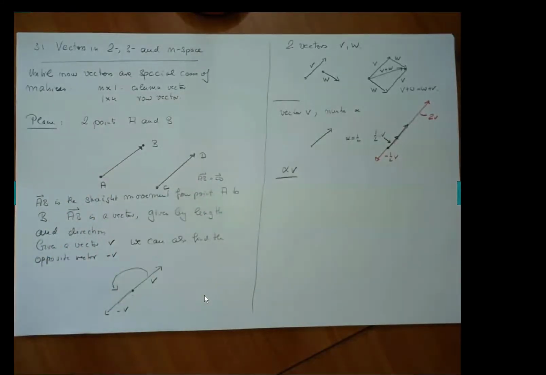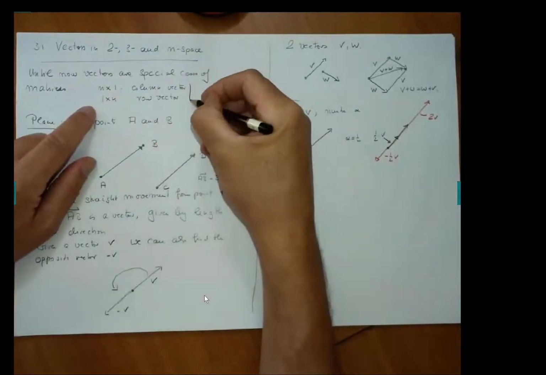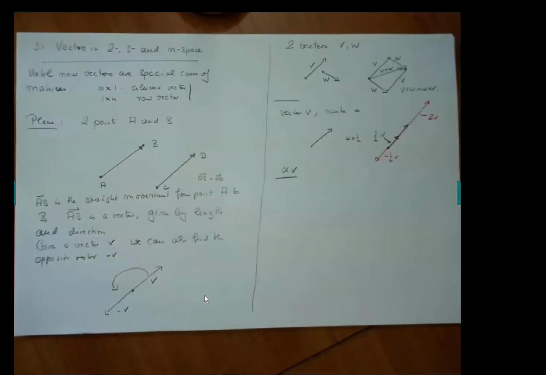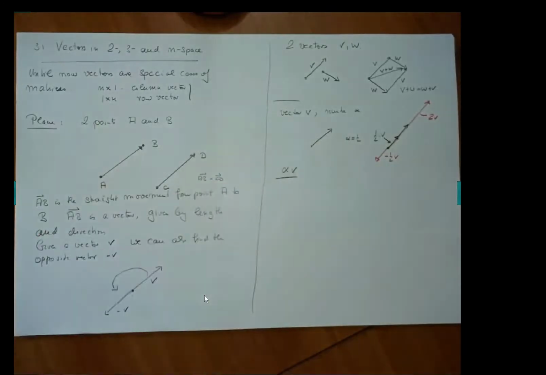So the advantage, if you have this picture of vectors instead of what we actually talked about in chapter 1, in chapter 1 it was purely a game with numbers. You have blocks of numbers, you add them up, but there's no intuition. What are we actually doing here? This really tells you, oh, if you work with vectors, you actually do something with objects, for example, in the plane or in space.